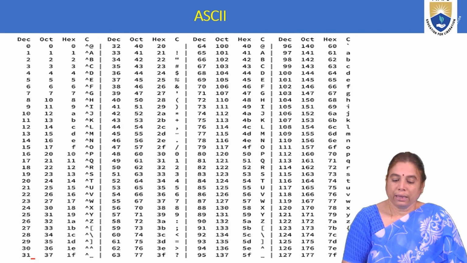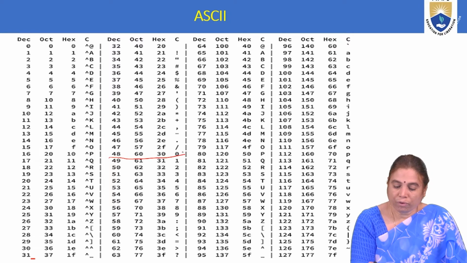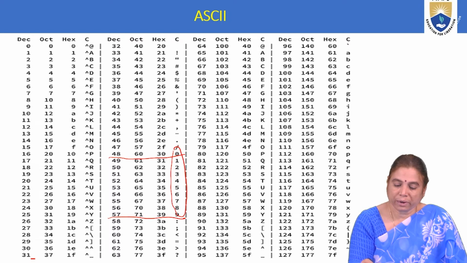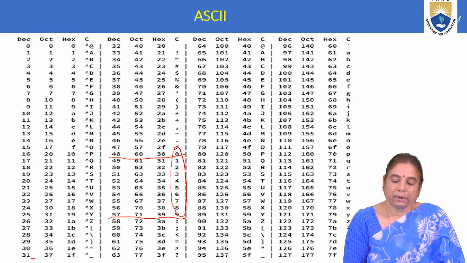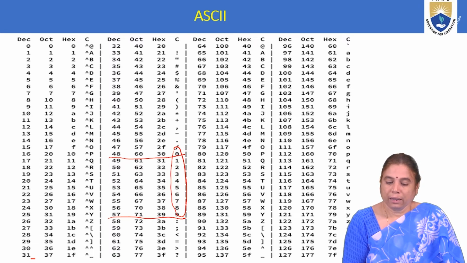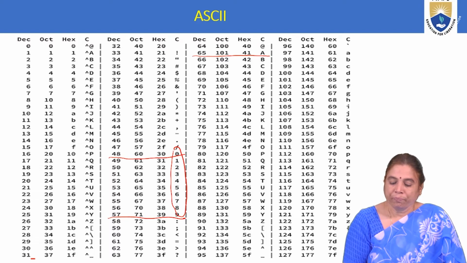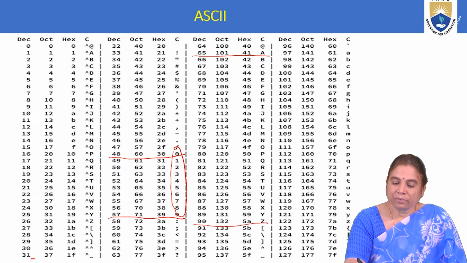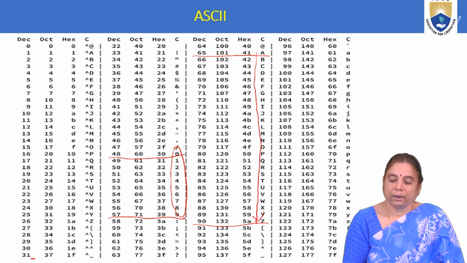The numbers are represented with the ASCII codes 48 to 57. And for the letters, ASCII code 65 represents the capital A, and 90 represents the capital Z. So ASCII codes 65 to 90 are used to represent the capital letters.